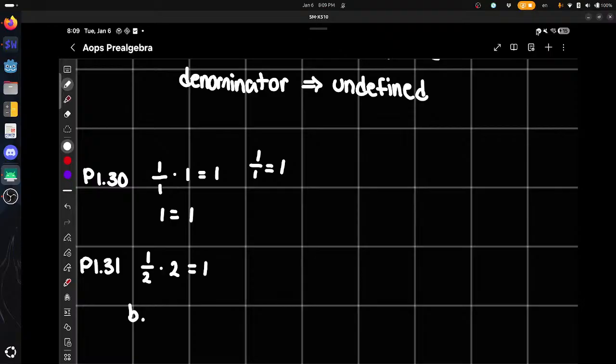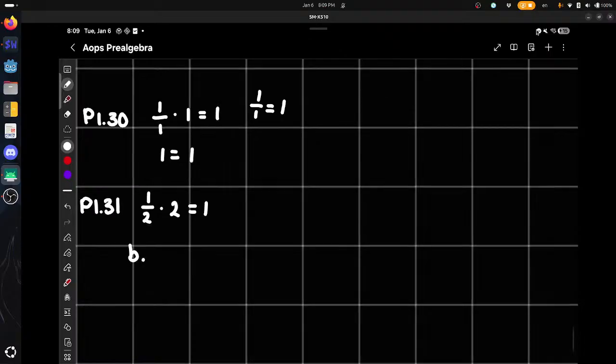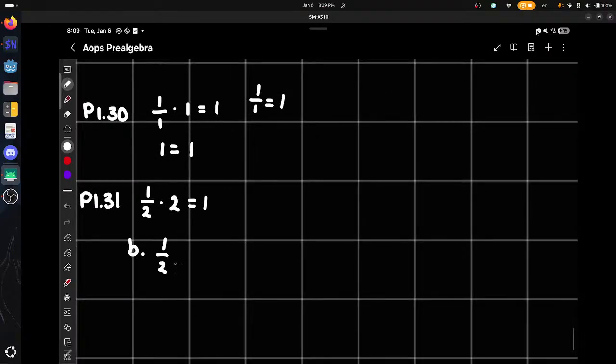Are they asking for... What are they asking for? Explain why the reciprocal of 1/2 is 2. Okay, what if I did this?